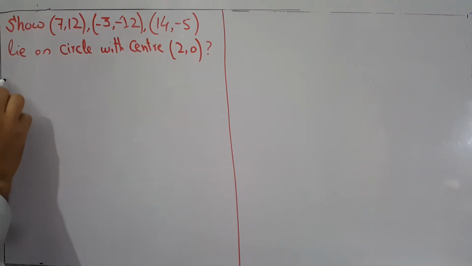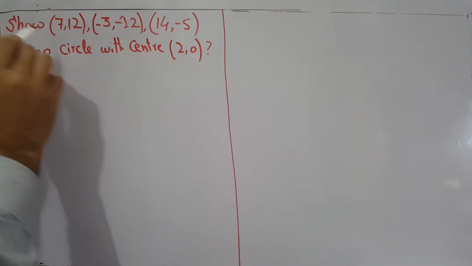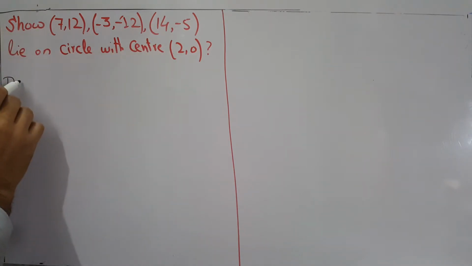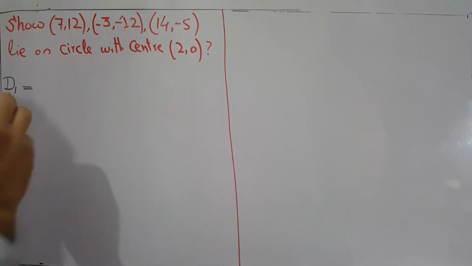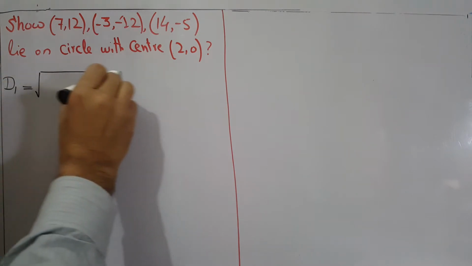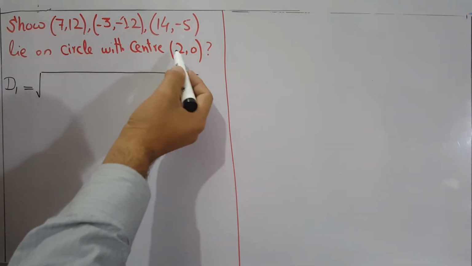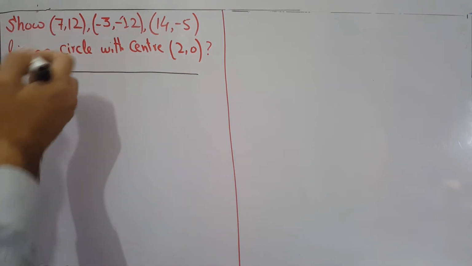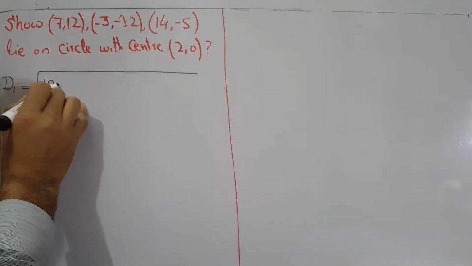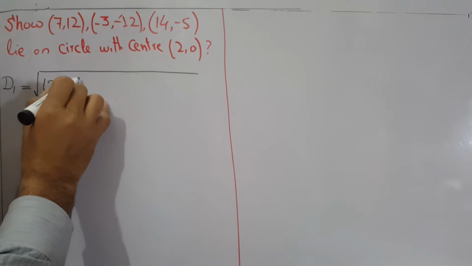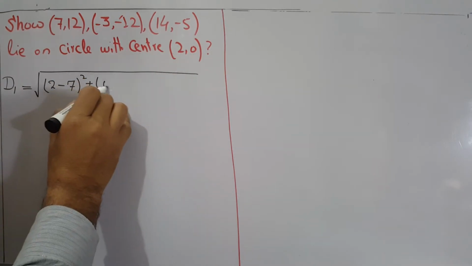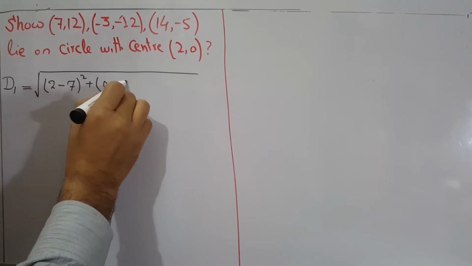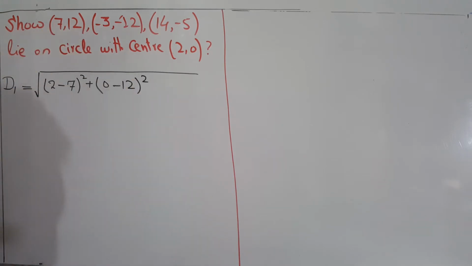So let's find out the distance between this point and this point. Let's call this distance d1, that is the distance between this point and the center of the circle. The formula says x2 minus x1, here x2 is 2 and x1 is 7, whole square, plus y2 is 0 minus y1 is 12, whole square.